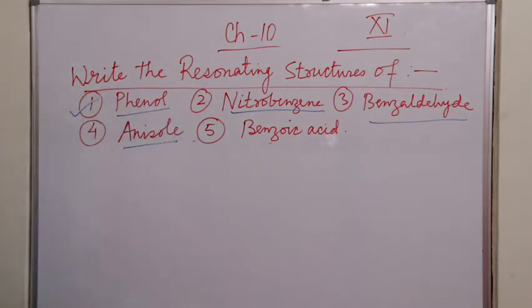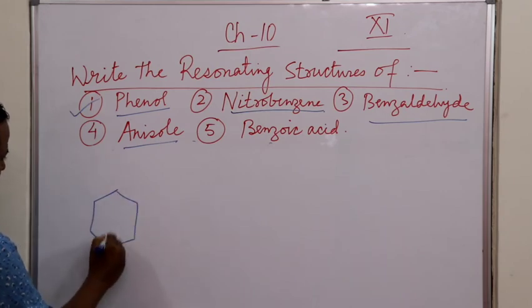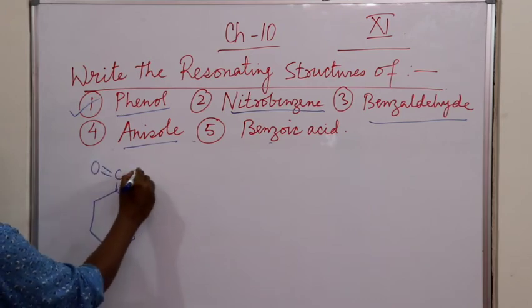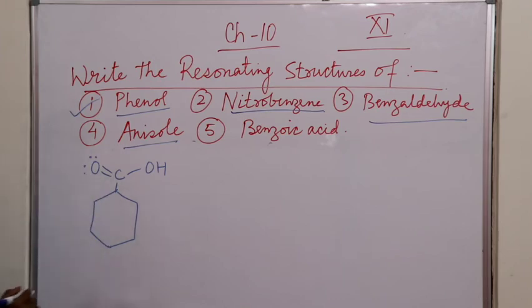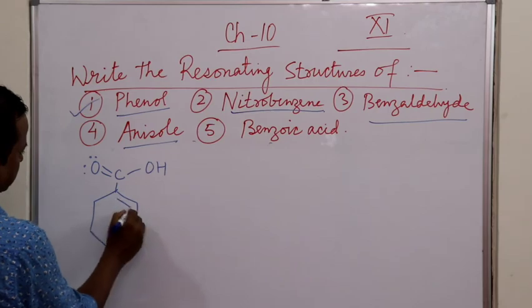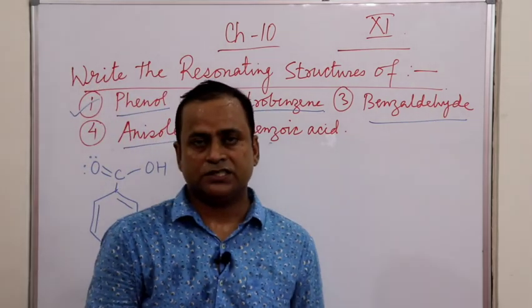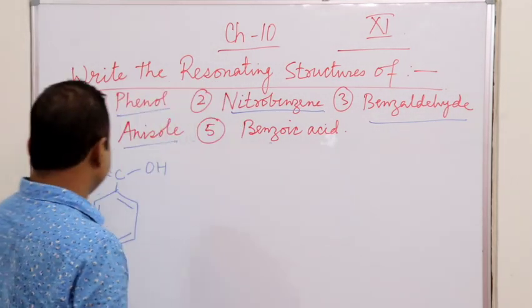So benzoic acid, benzene ring has what? It has COOH over it. So this is benzene ring. We will write C double bond O and OH. Okay, and always remember we are writing resonating structures for conjugated system. Conjugated system means a system which has alternate single and double bonds.